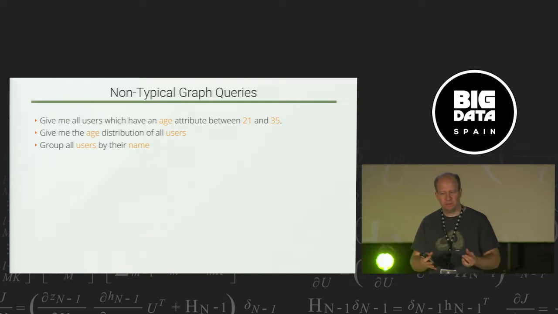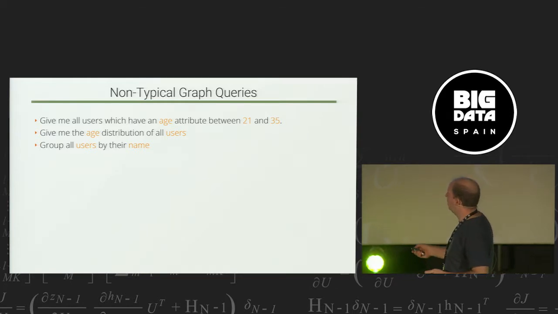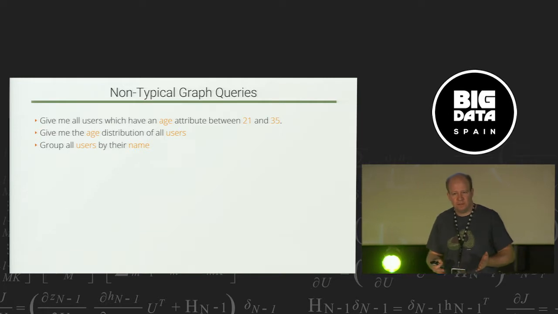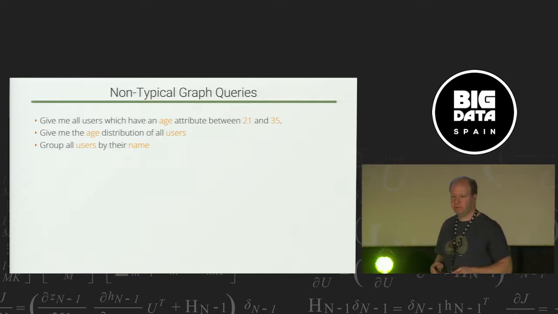So that's not a typical graph question because it doesn't look at the edges. Or do some kind of aggregation according to the age of people. Again, a nice database question, but nothing to do with graphs. Or aggregate users by their name, look for people with the same last name, and so on. So even if you have graph data, there can be a lot of queries which are actually not really graph related.